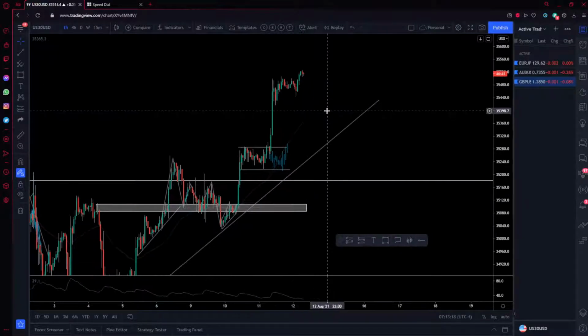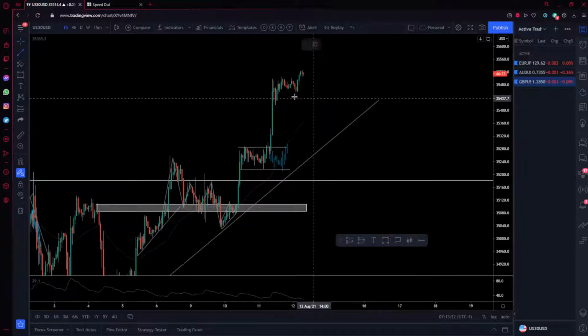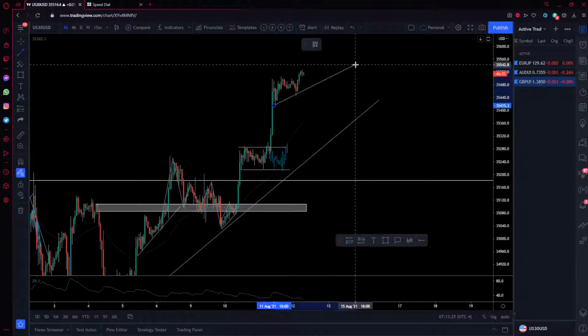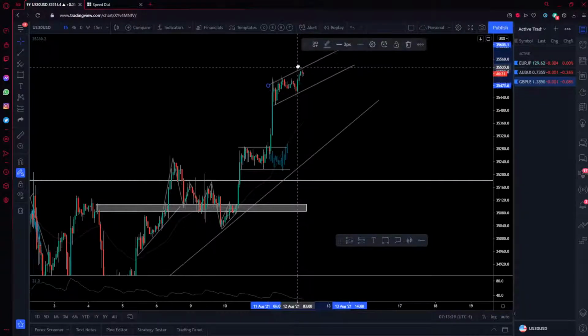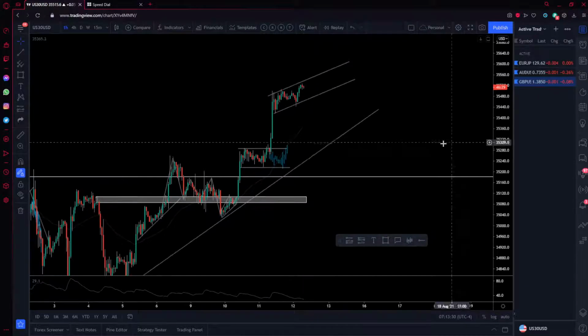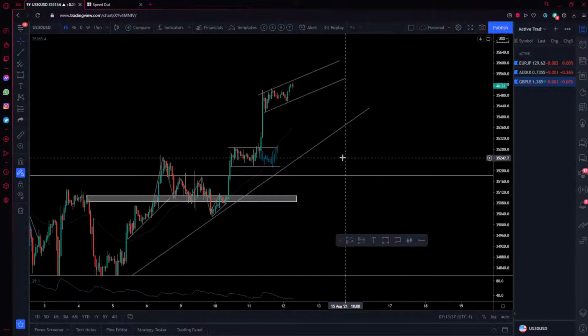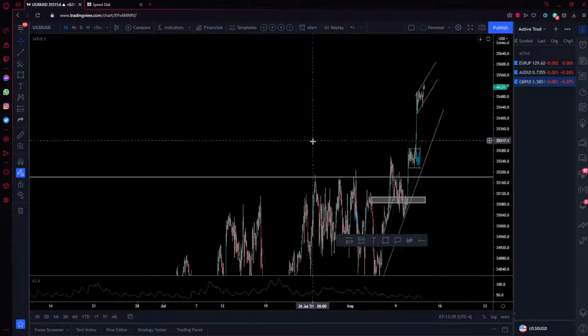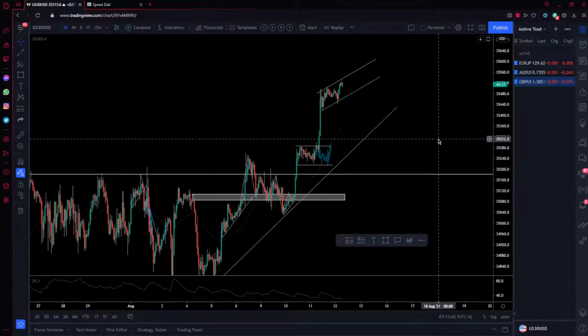We need to see some type of pullback eventually, so just waiting for a pullback to form here. Right now, we have a potential ascending channel forming here, signifying a reversal could come pretty soon. So that's something to watch out for. No solid setup to draw out at the moment, so nothing to do there.